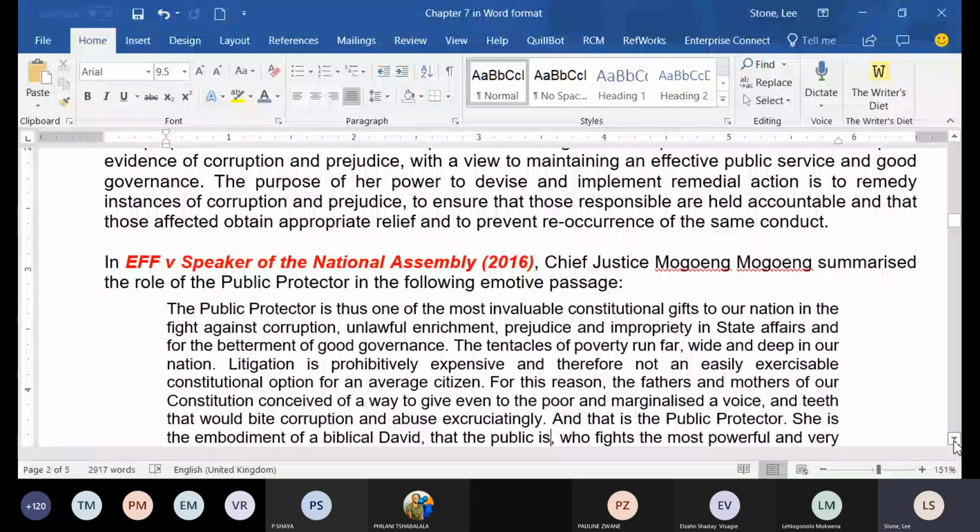It is a David versus Goliath scenario, because then who is in the vulnerable position? You're all alone and you don't have the money to go to court, so you have the public protector act on your behalf and make decisions that will assist you to actually realize your rights.